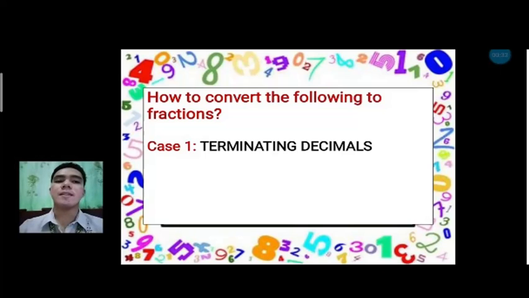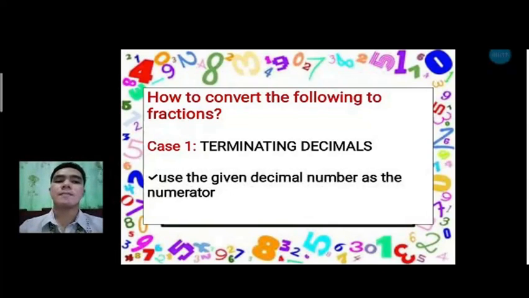Case number 1. If the given is terminating decimals, first you have to use the given decimal number as numerator. Then use the place value as the denominator.